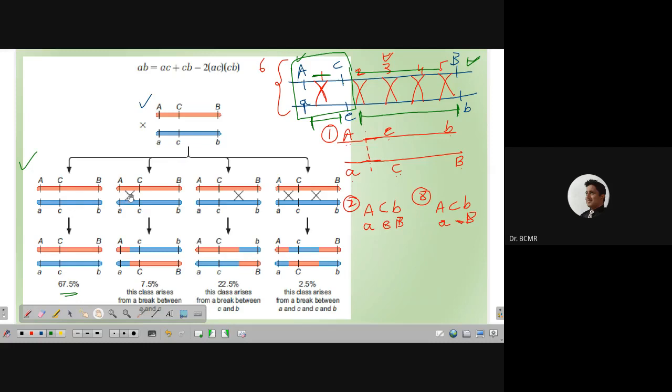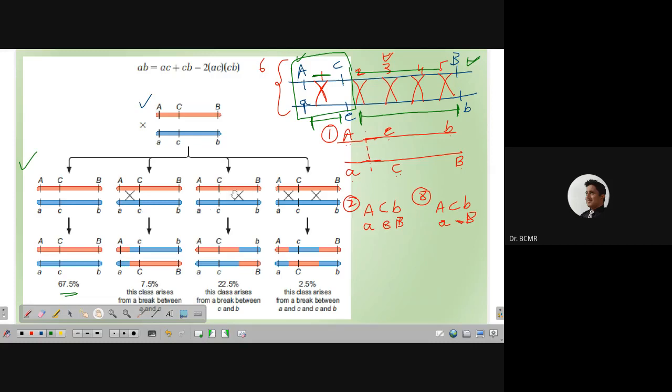So if a crossover happened here, you'll find capital A, small b, small c, small b. You see that the chromosomes are exchanged. The blue color indicates it clearly here. So there will be about 7.5%.